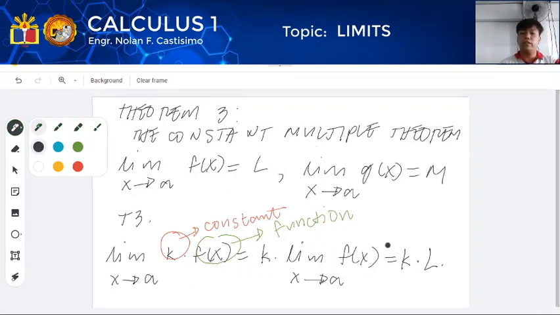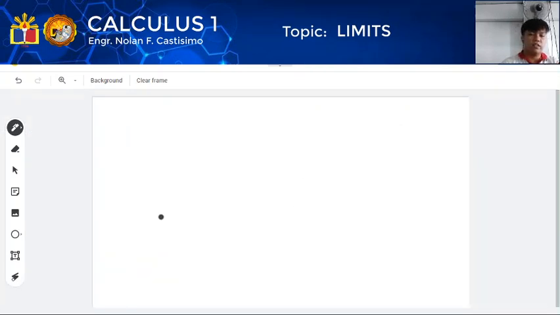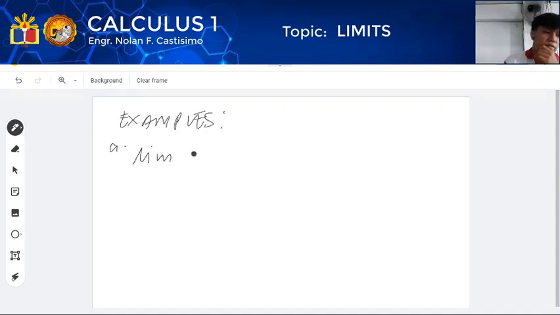Next. So, try nating intindihin yung formula na yan sa pamamagitan ng isang example. Actually, hindi isa, kasi dadagdagan natin yan. So, examples. Letter A. We have the limit of eight f of x as x approaches a.